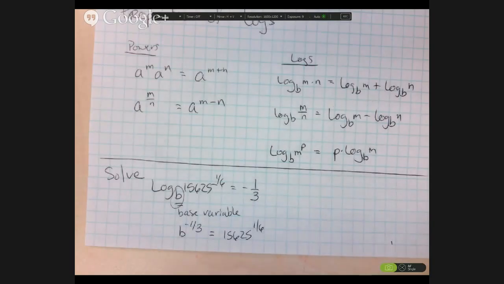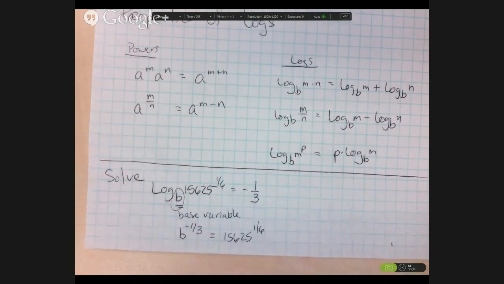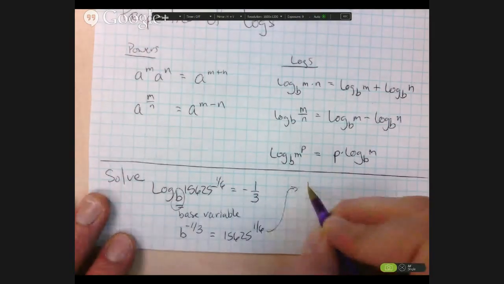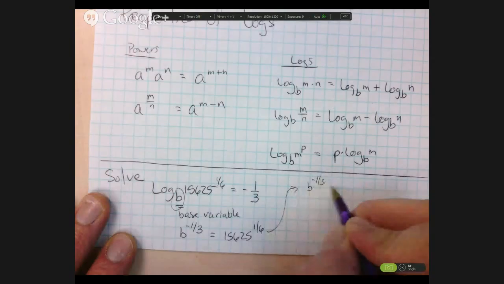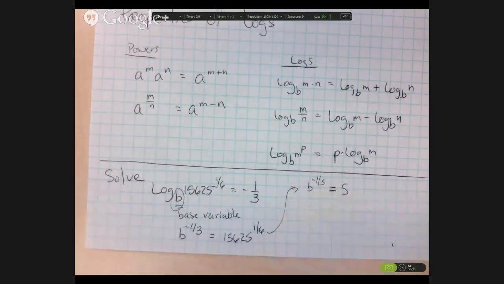Does anybody know what that number is? It is? Yeah. Nice. Rewrite this.